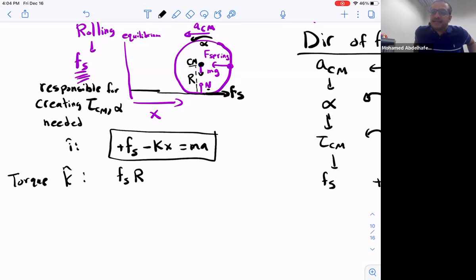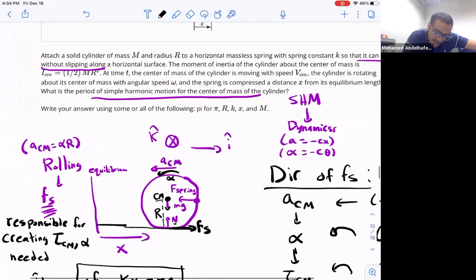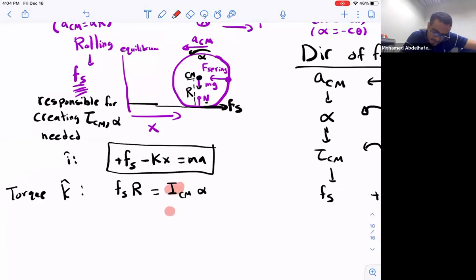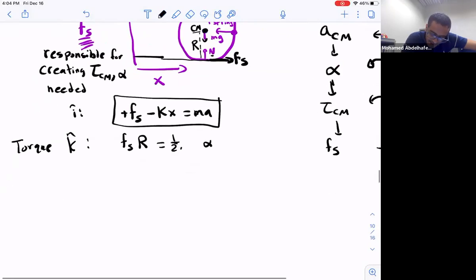So the torque equation is torque equals I alpha. In this problem, we were given that I_CM is 1/2 mR squared. So I'm going to write it as 1/2 mR squared. This is about the center of mass, so I'm fine. I don't have to worry about the parallel axis theorem.